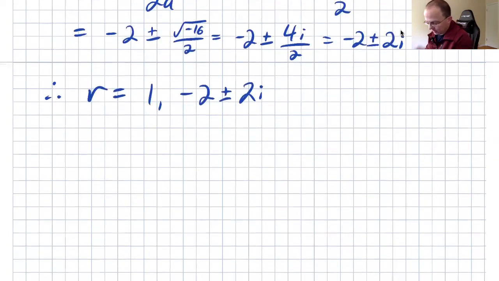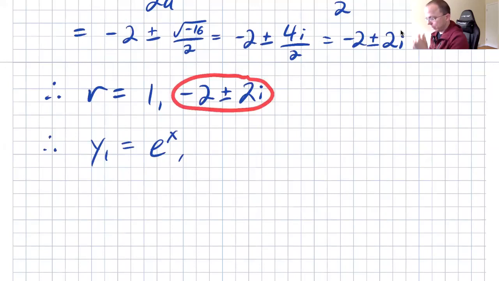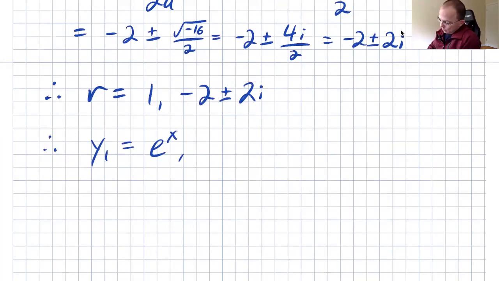So then what are the solutions? Therefore, y1 is equal to e to the rx, so e to the 1 times x, that's e to the x. And now we have a complex pair of roots. So this is going to be e to the negative 2x, and then this 2 will give us the sine and cosine functions.